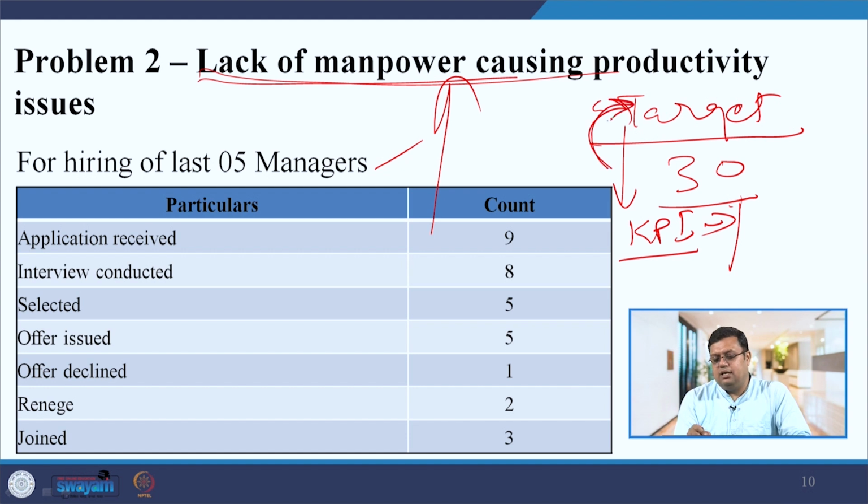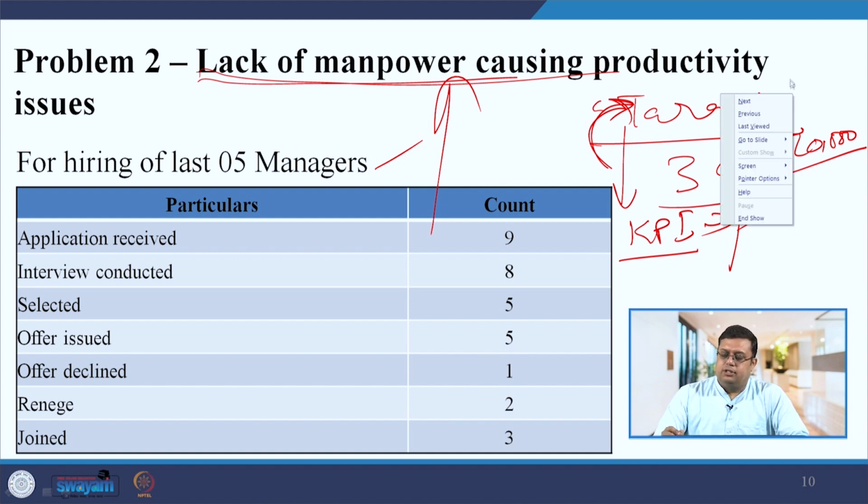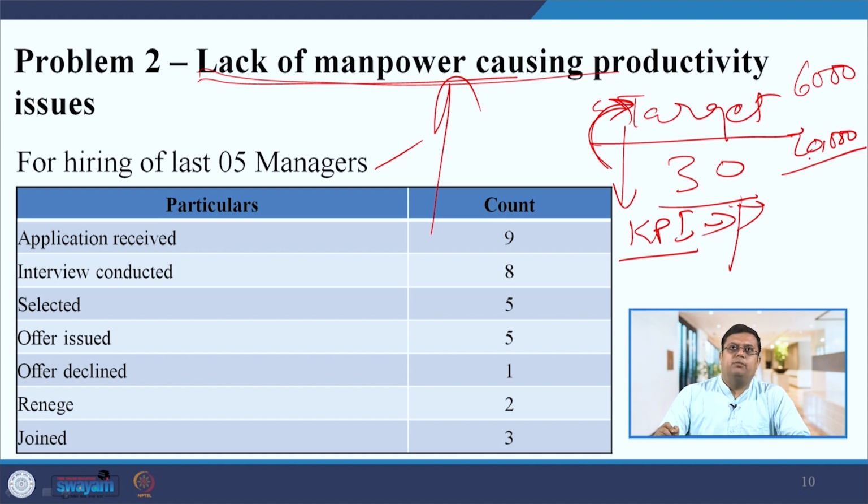To achieve this target we need 30 people. So let us assume the target is to hire 20,000 employees, and one employee is able to hire 6,000. So how many people will be required? Approximately 30 people.